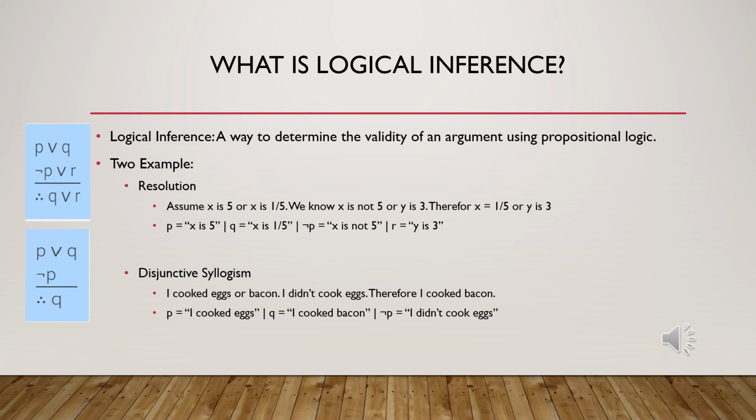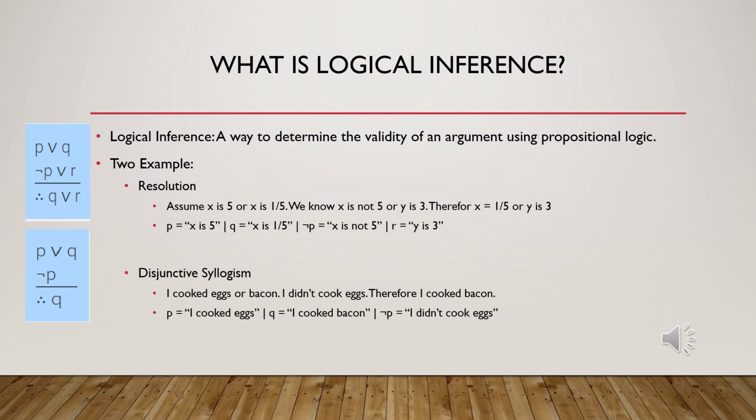We know x is not 5 or y is 3, therefore x equals 1/5 or y is 3. I split up what P is equal to, Q is equal to, not P is equal to, and R is equal to. And then I put that into the formula to the left of resolution: P or Q, not P or R, therefore Q or R.